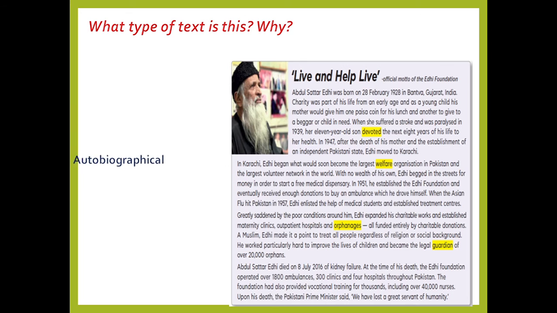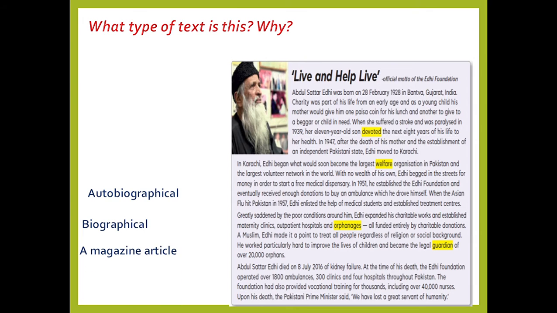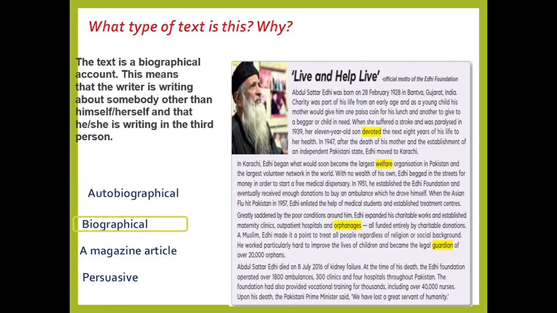Is it autobiographical text, biographical text, a magazine article, or a persuasive text? It is a biographical text. That means that the writer is writing about somebody other than himself, and he is writing in third person.